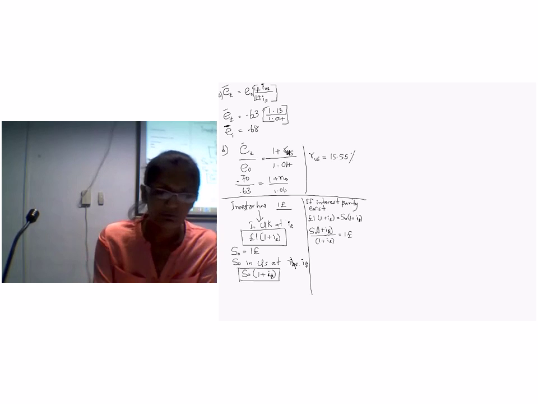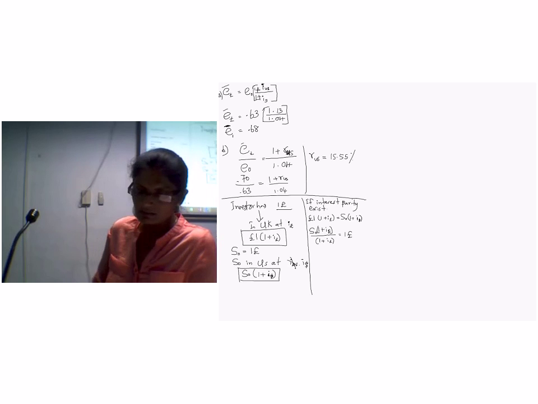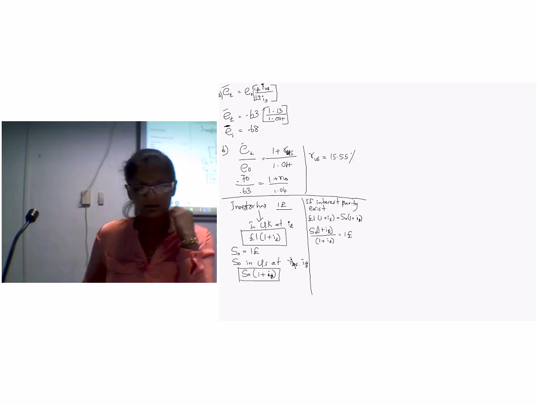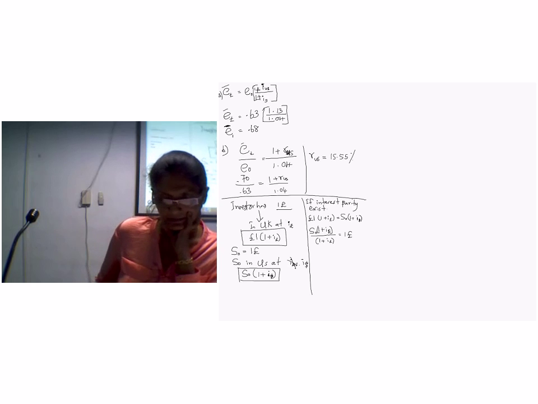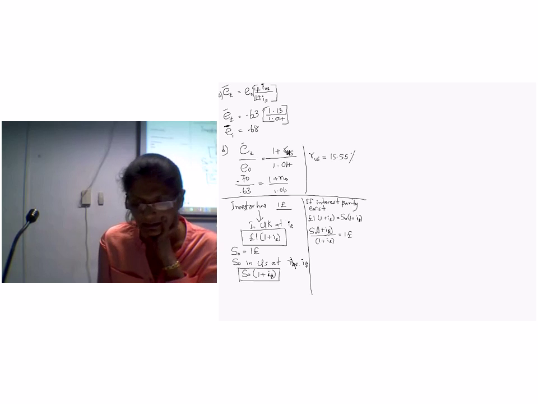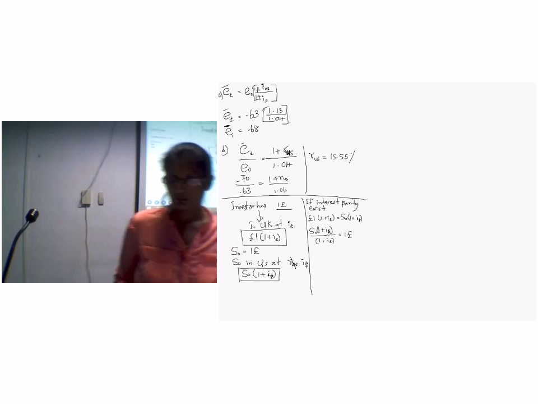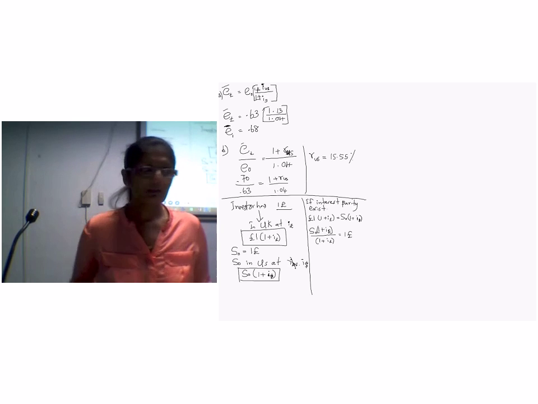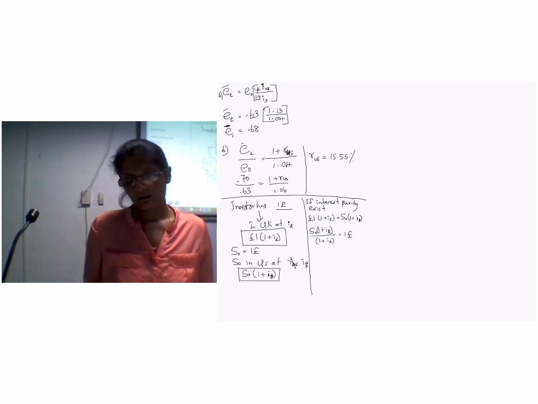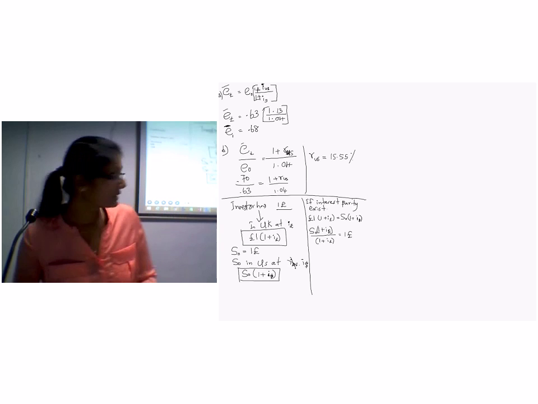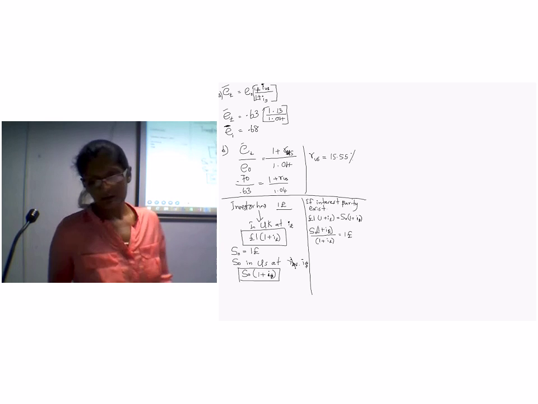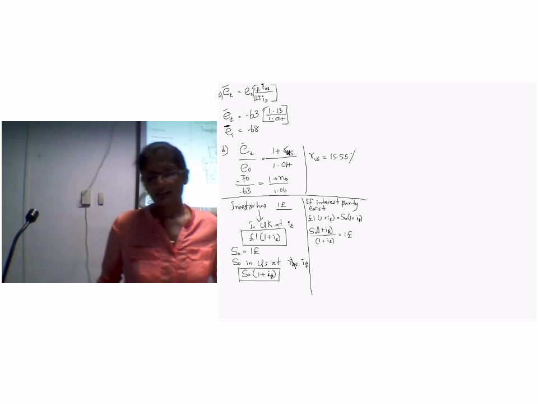If you can remember the purchasing power parity equation, it says that when you adjust the spot rate S0 by the interest rate differential between two countries, you get the future exchange rate.